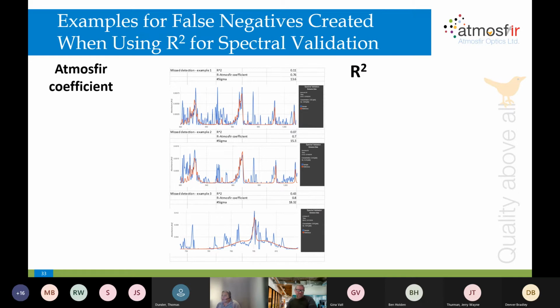You can see that it is definitely ammonia, but the R square gives you a result of 0.11, meaning that if you use R square, all those ammonia hits and toluene hits will be ruled out. We will not report them. That's why we have our own coefficient factor, and our coefficient factor will pass those detections.